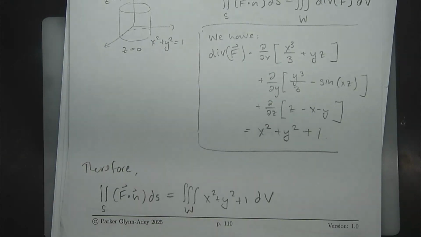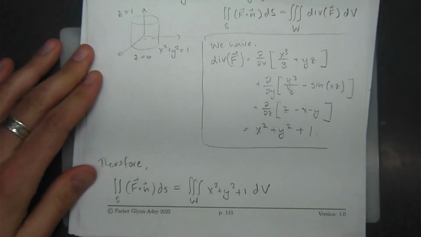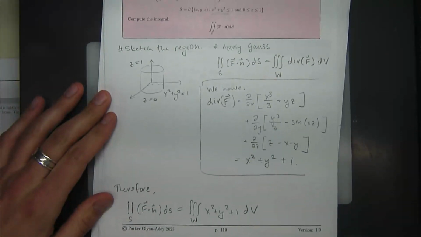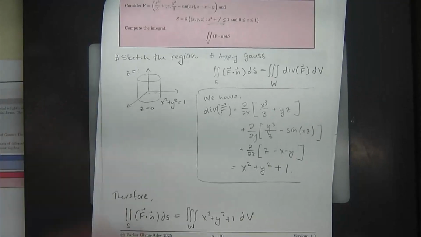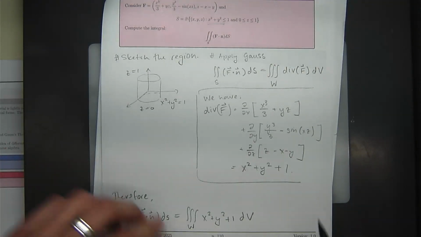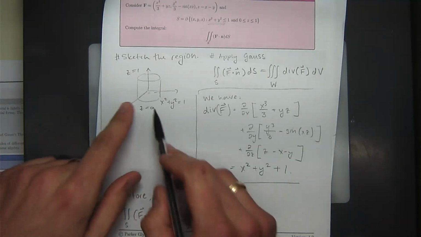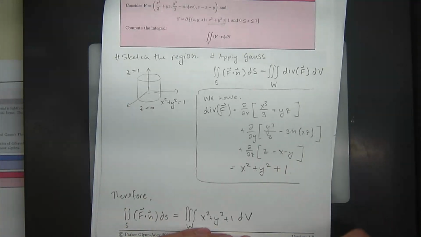This is like nice cylindrical coordinates kind of stuff. Let's do it. Let's calculate the thing. Right, let's go over this cylinder.